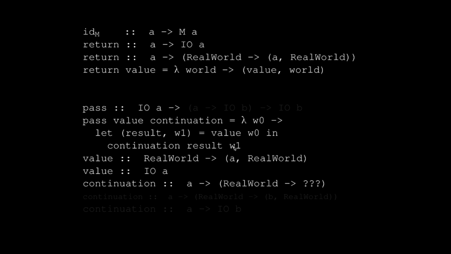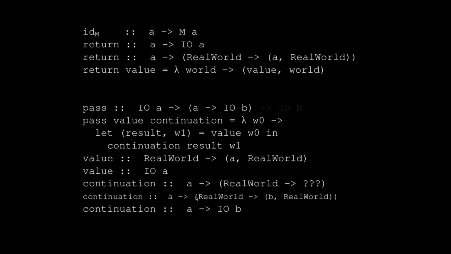If we recall our requirement that we wish to be able to further compose the value returned from pass by placing it in another call to pass, then we must conclude that this value must be a tuple consisting of some type B and a value of type real world. So we can conclude that the pass function is something that takes an element of type I/O of A and returns a function which takes something of type A and returns something of I/O of B. The result of using that function must be something of type I/O of B.